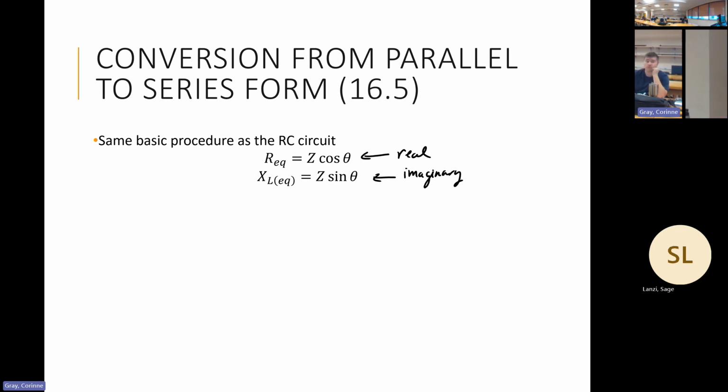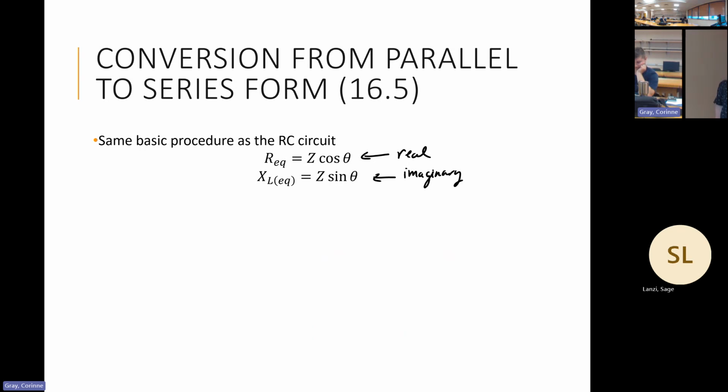At the end of the day, these equations look pretty similar to what we saw with the capacitor. In fact, if we go through the whole general process for going from parallel to series, it looks almost identical. If we think back to the equation at the beginning of class today, it was the same equation for parallel RL circuits and RC circuits.